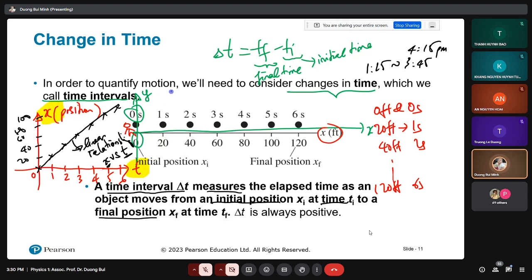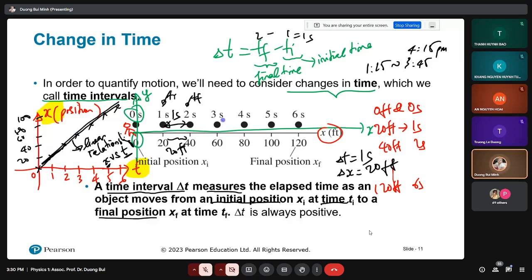For example, if ti is 1 second and tf is 2 seconds, delta t is tf minus ti, so 2 minus 1 you get 1 second. How about x? If delta t is 1 second, delta x is 20 feet, right? Yes, correct, because this is linear.